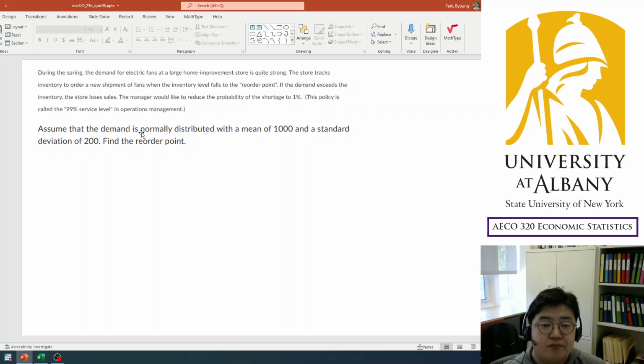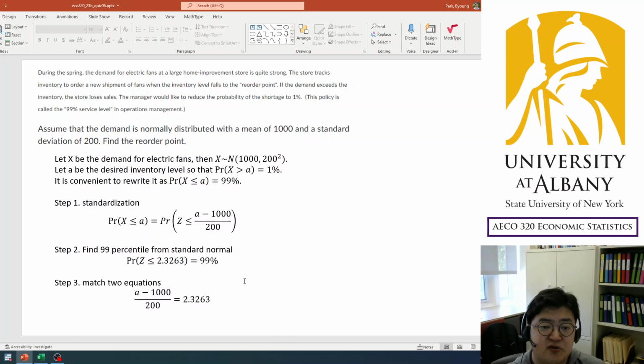Here, suppose that the demand is normally distributed with a mean of 1000, standard deviation of 200, right? So then, for example, if your inventory is 1000, that means if the demand is more than 1000, you could still sell only up to 1000. So you need to maintain a certain inventory.